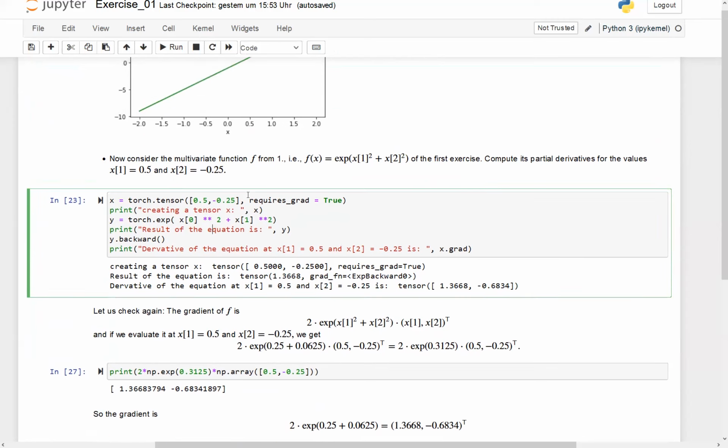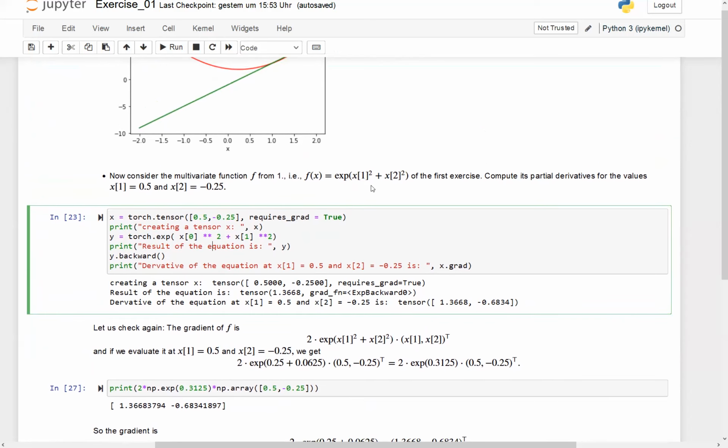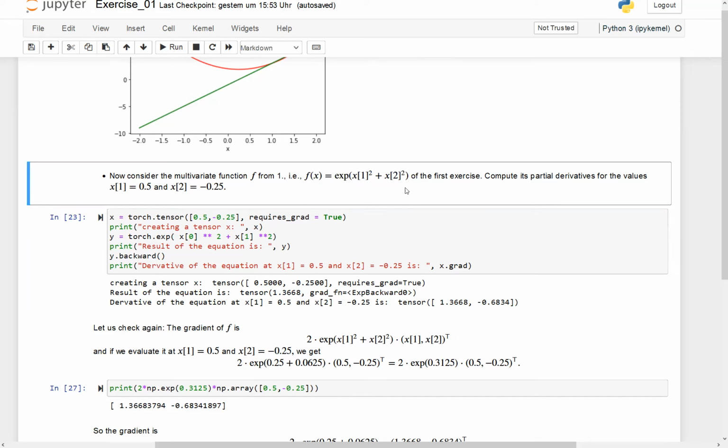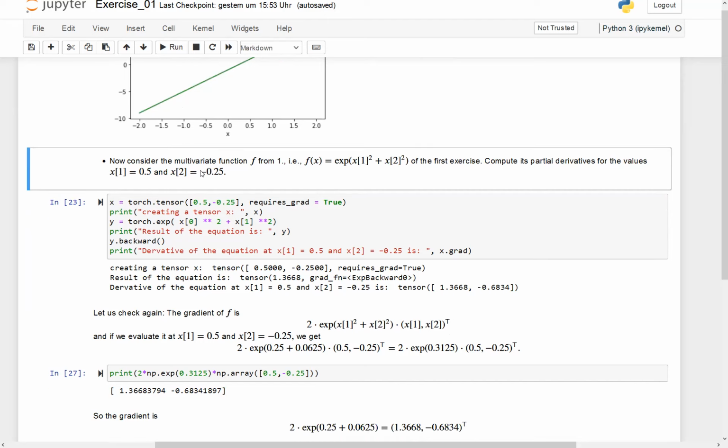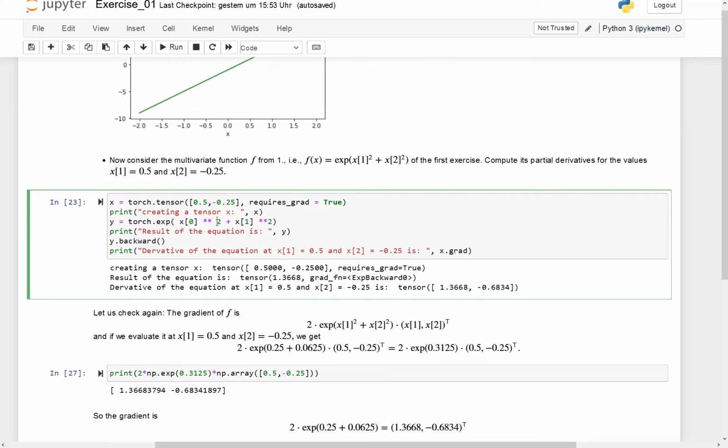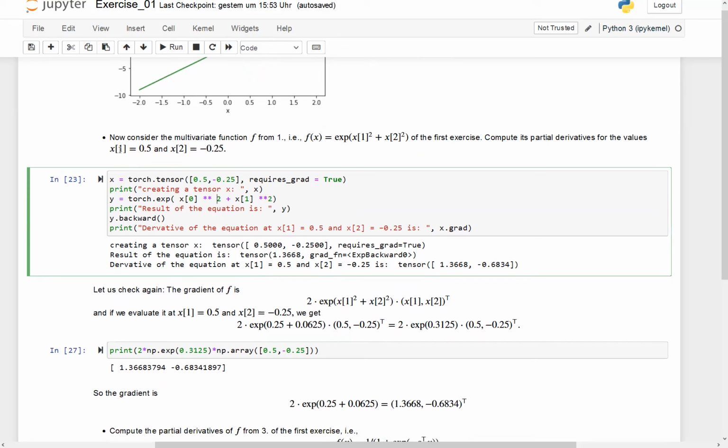Okay, I see. So what we can also do is, of course, univariate functions, cool, but we want multivariate functions. So let's have a look at the multivariate function from the first exercise and evaluate it at a specific point, for x1 and x2.